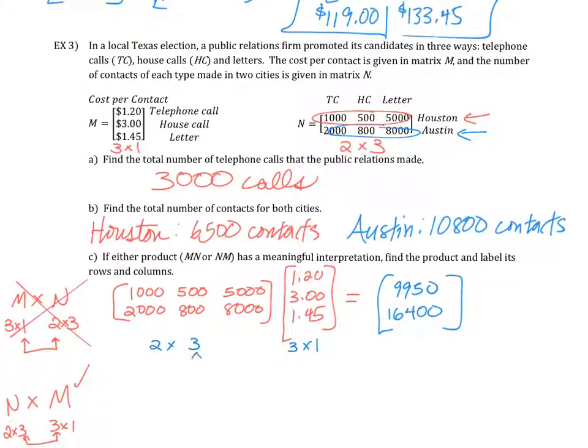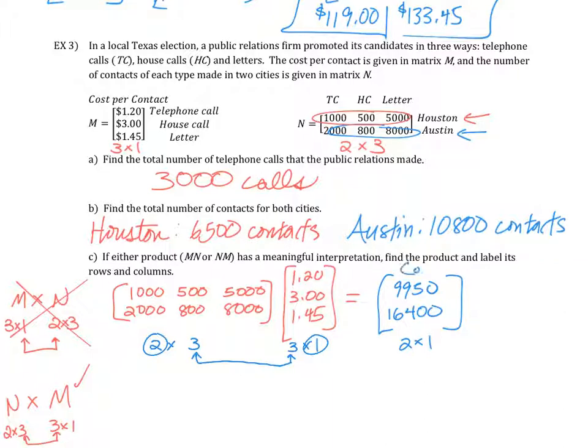So the inner dimensions tell you whether or not you can multiply these matrices together, but the outer dimensions, the 2 and the 1, will tell you the dimensions of your answer. But not only that, they will tell you what these numbers mean.